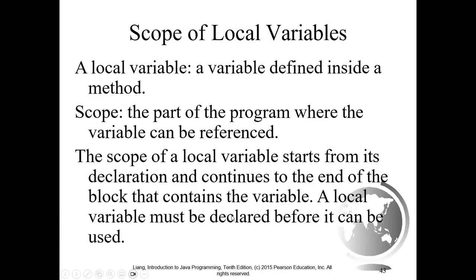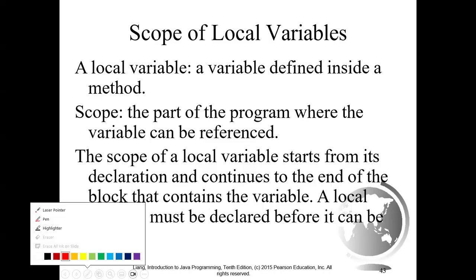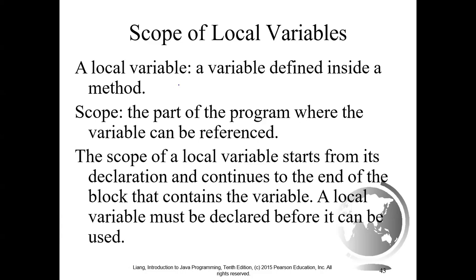All right, let's have a look at the slide. What is a local variable? A local variable is defined inside a method. What is a method? A method is a collection of code in between curly brackets, after the method name.